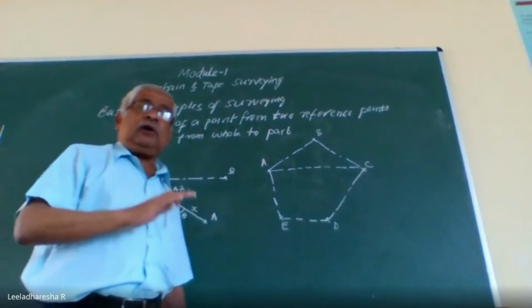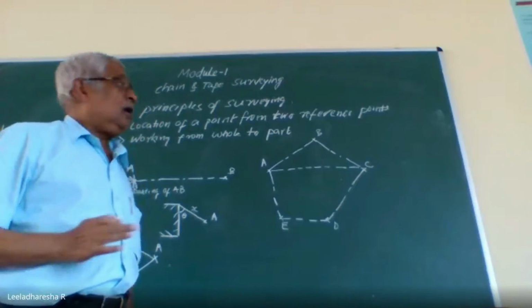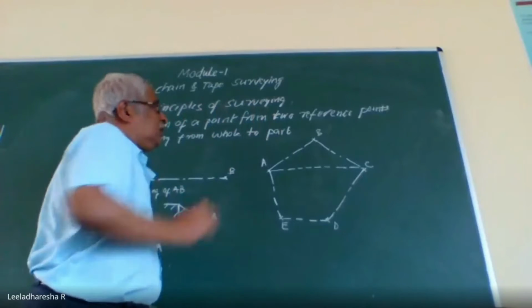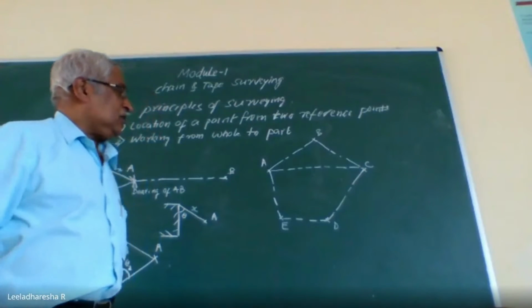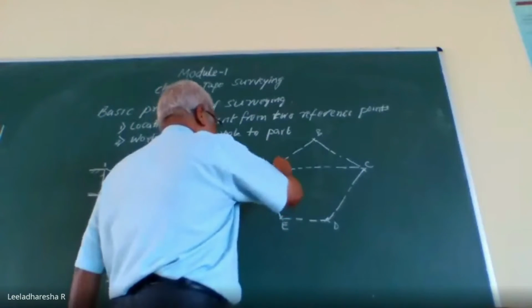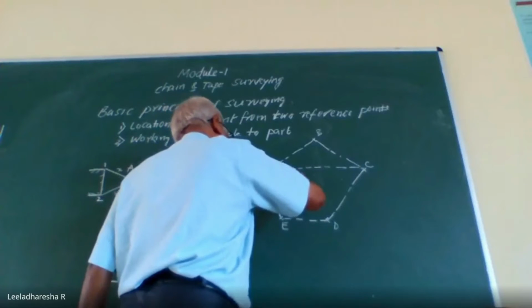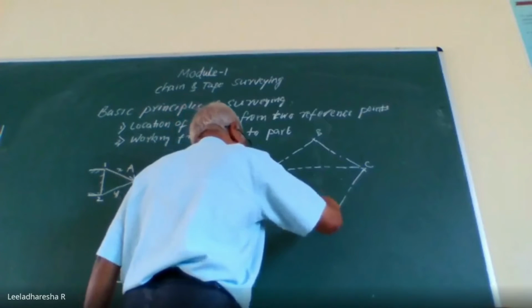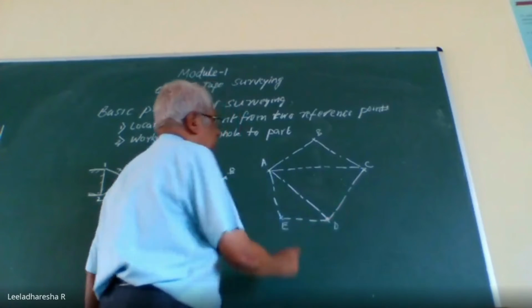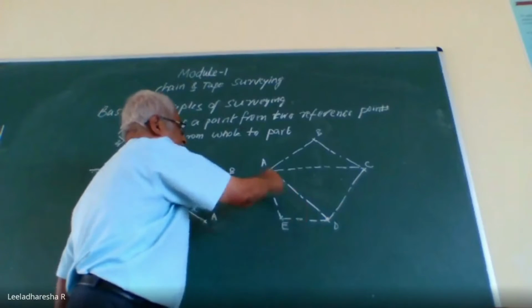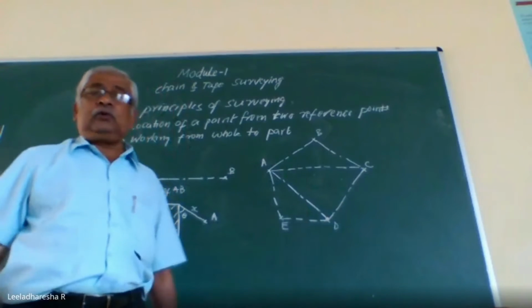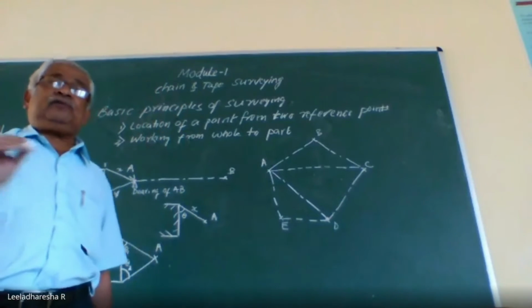First one, I have considered the area as a whole, and I am establishing the points A, B, C, D, E, and so on. Next is, you divide this into number of triangles, and you can move your instruments along these particular triangular lines, and you can locate the plan of the area.